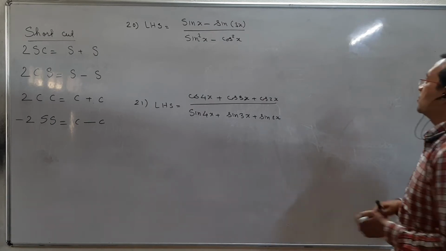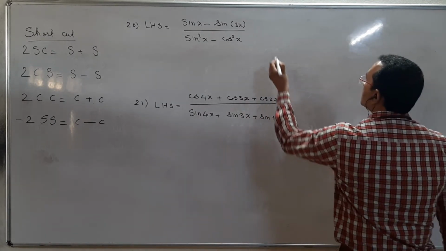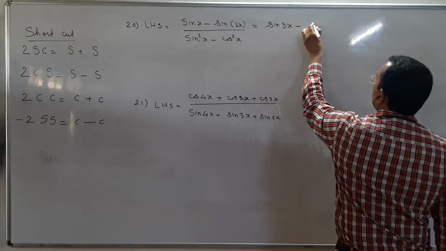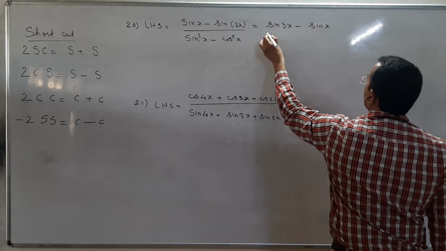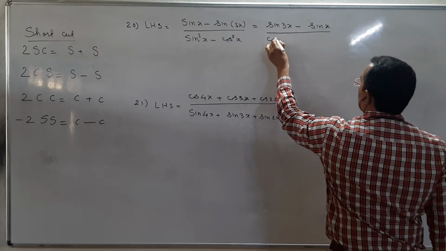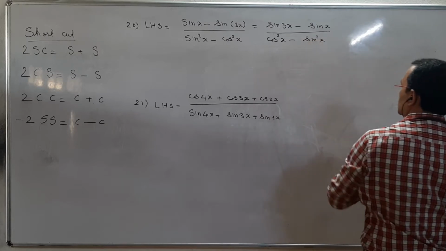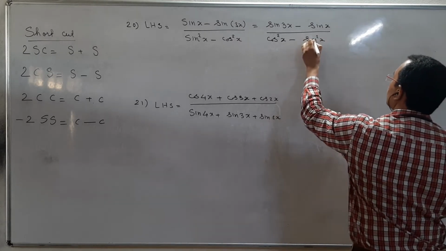Now, students, first of all, I take minus sign common and write this as sine of 3x minus sine of x upon cos square x minus sine square x.